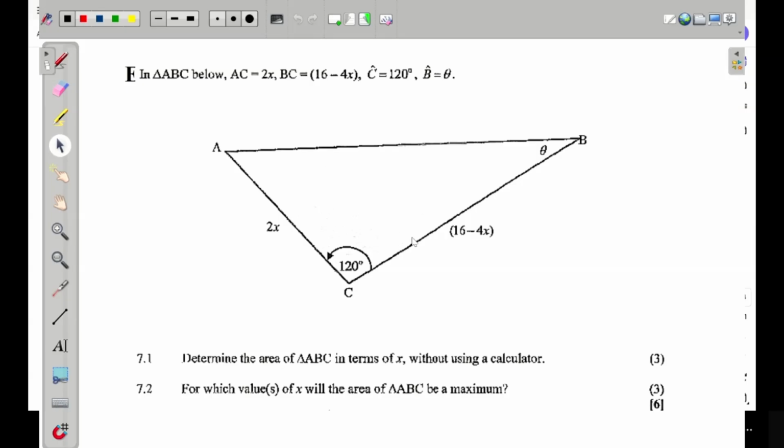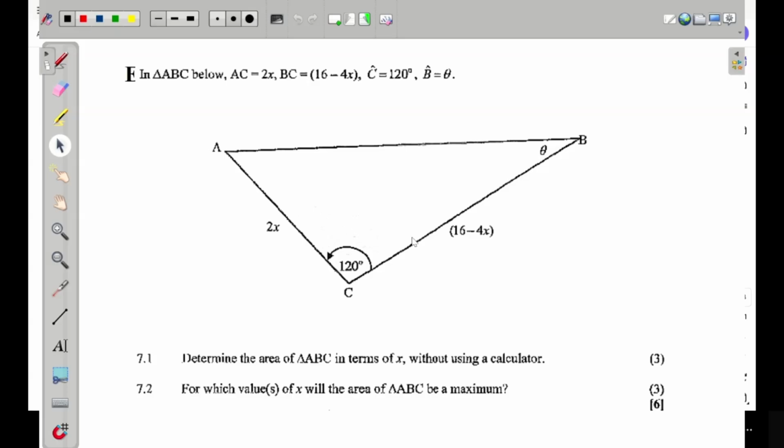So in triangle ABC below, we've got AC is equal to 2x, BC is 16 minus 4x, angle C is 120, and B is theta. We want to determine the area of triangle ABC in terms of x without the use of a calculator. Because of that, it should become obvious that we will have to use the area rule.